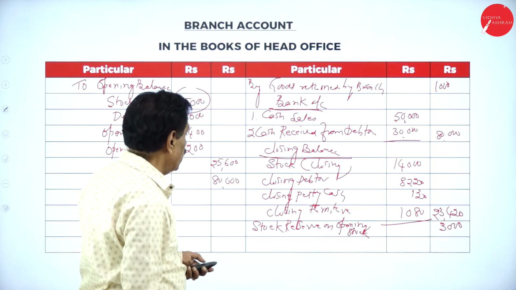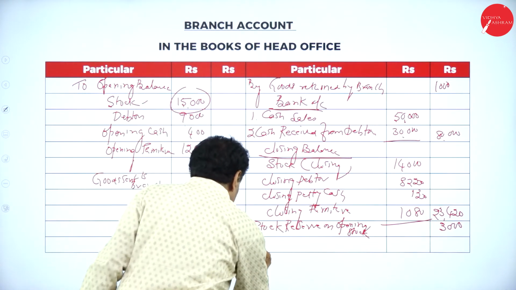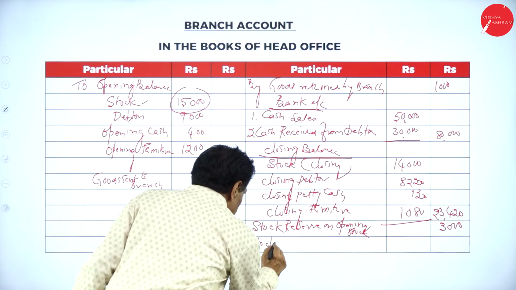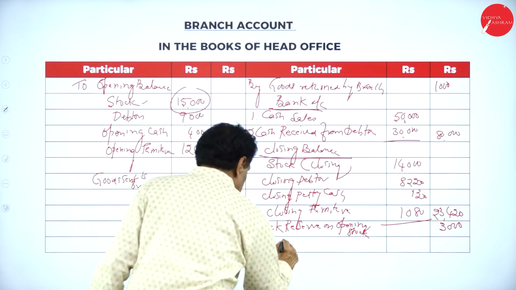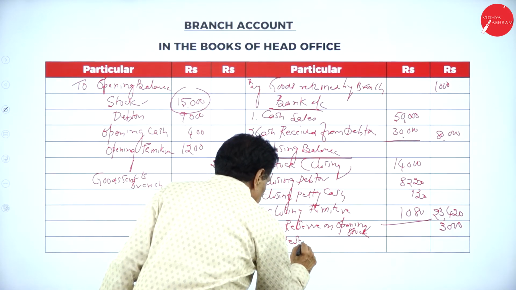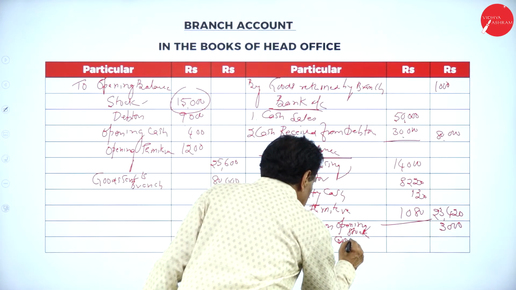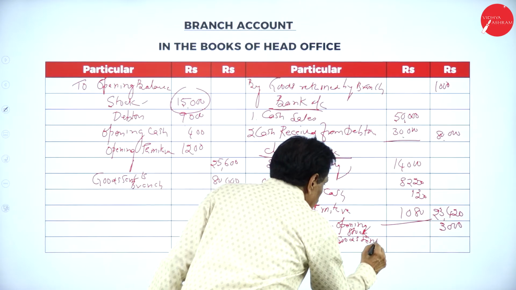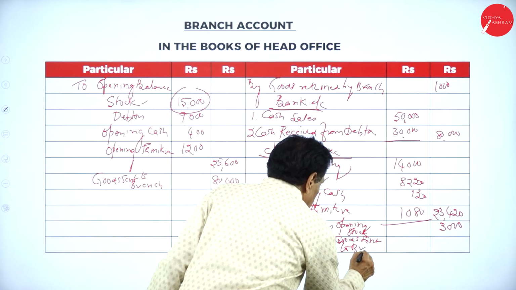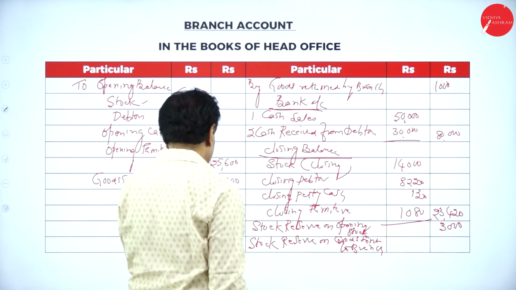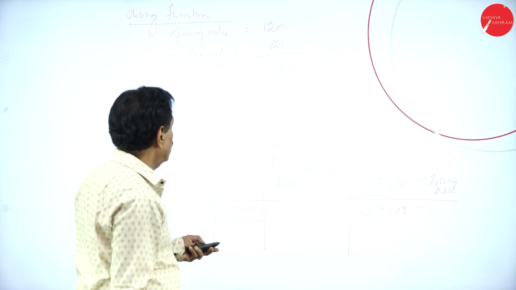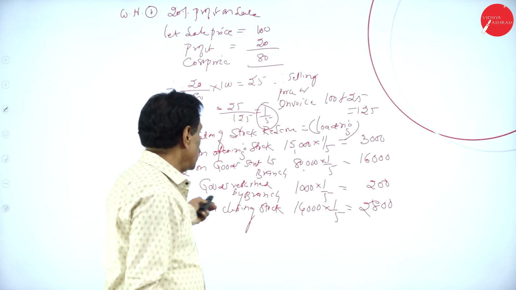Then stock reserve on goods sent to branch. See that? We worked out now. Stock reserve on goods sent to branch, 16,000.